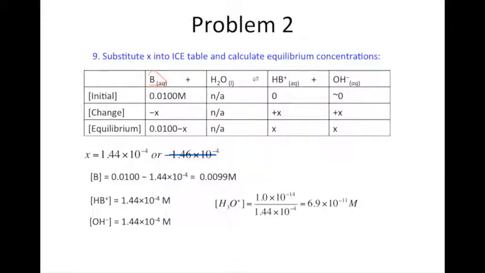We're also asked for the concentration of hydronium, so we just take our Kw divided by our concentration of hydroxide to get our hydronium ion concentration. When we have the hydronium ion concentration, we can take the negative log of that to get the pH. We get a basic pH, 10.16, and that makes sense because this is a base. So again, that makes sense.